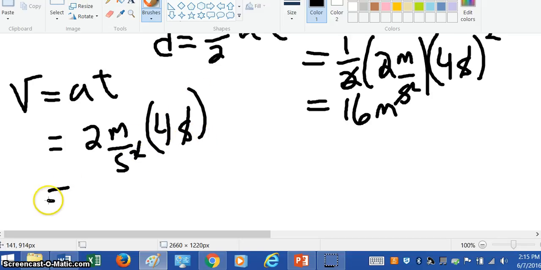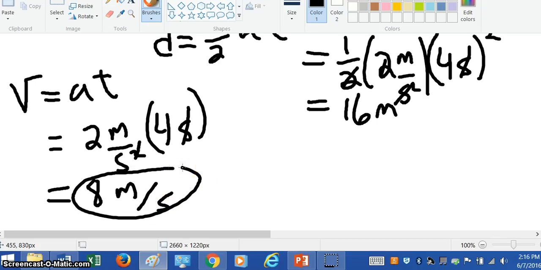And so the final velocity is just going to be 8, because 2 times 4 is 8, so it's 8 meters per second. So that's the final velocity, and this is the distance that the car traveled in that time. All right, very good.